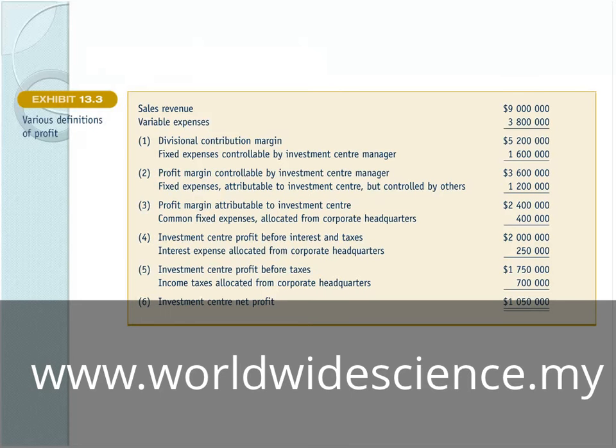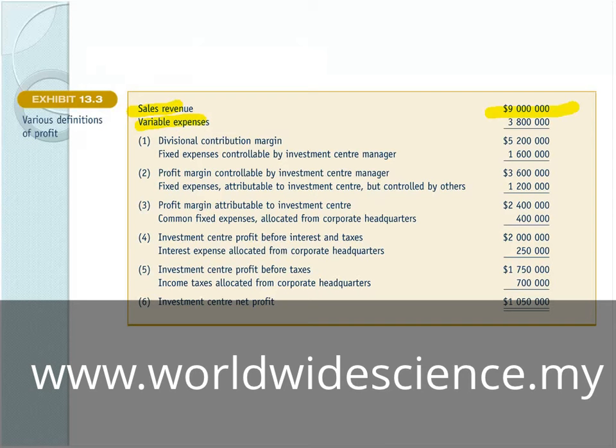Okay, here is given to you the various definitions of profit. We have two kinds of profits that we call the net profit or the gross profit, right? Let's see another definition as given to you in the box. For example, we have some sales revenue, around 9 million. We have some variable cost, and what kind of profit can we get after our variable expenses?